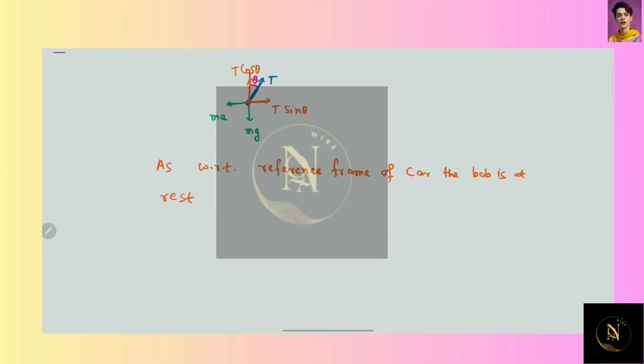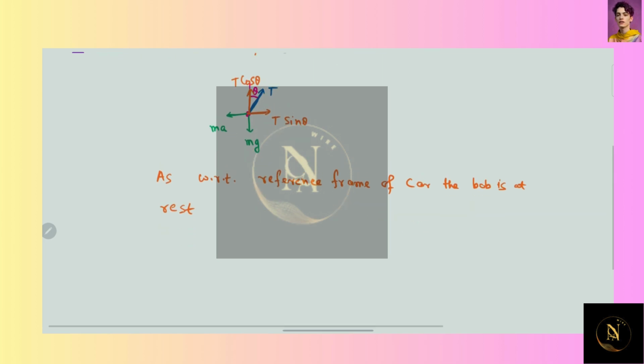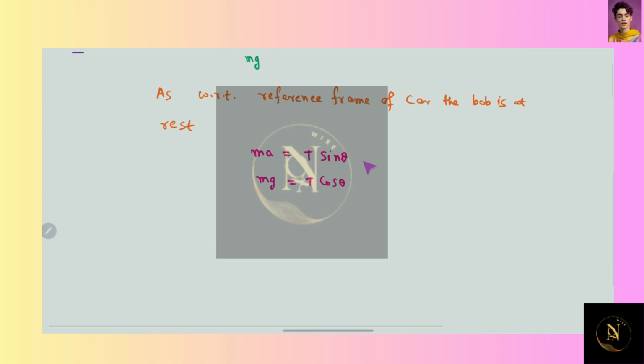That implies along the horizontal direction the ma force will be balanced by T sin theta, and along the vertical direction the mg force will be balanced by T cos theta. Let's say this is my equation number 1 and this is my equation number 2.